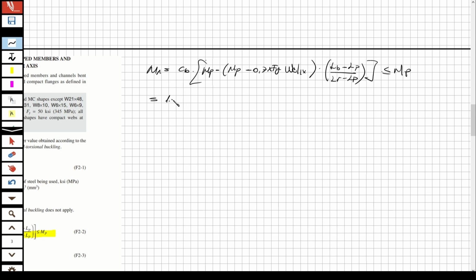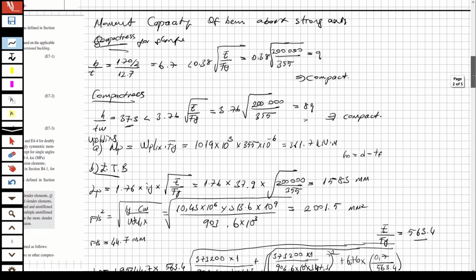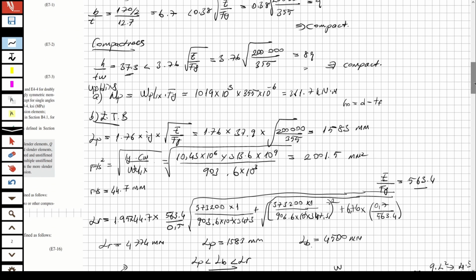The formula is going to be 1.14, the value of CB, if you remember, we calculated. And it's going to be MP, if you remember, at the first when I calculated the moment yielding, this one. So this is the yielding.